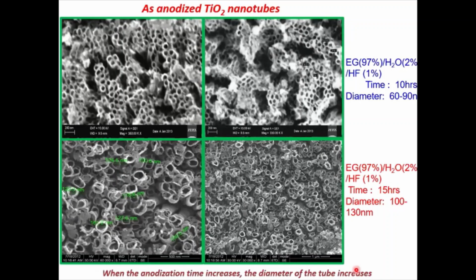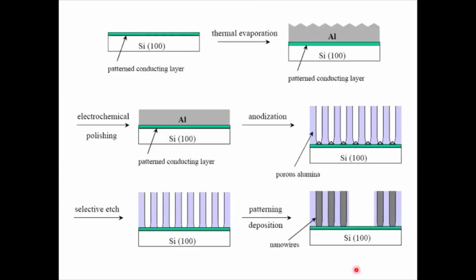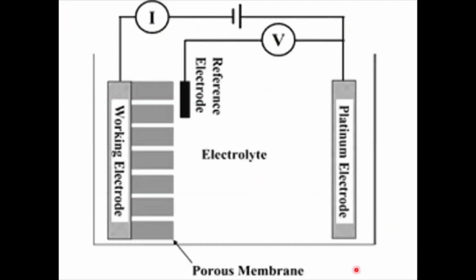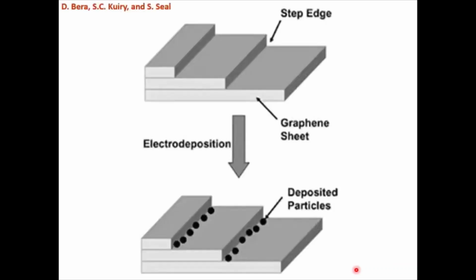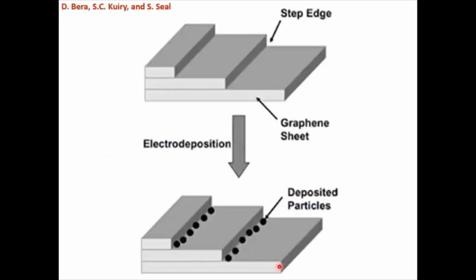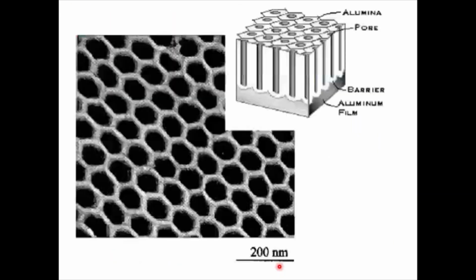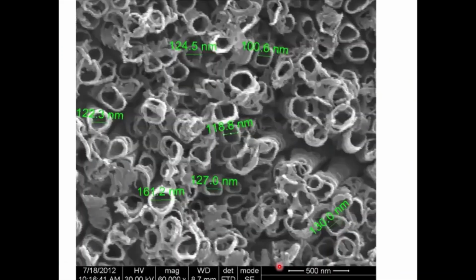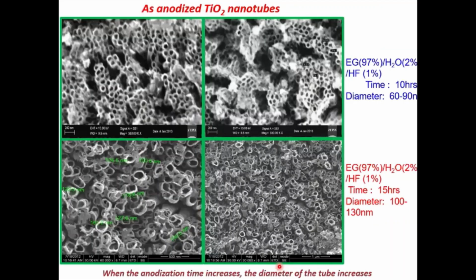In this, instead of aluminum, for the anode it is taken as titanium. So the anode is titanium, and the cathode is platinum, and the reaction is done with ethylene glycol 97%, water 2% with HF 1%.